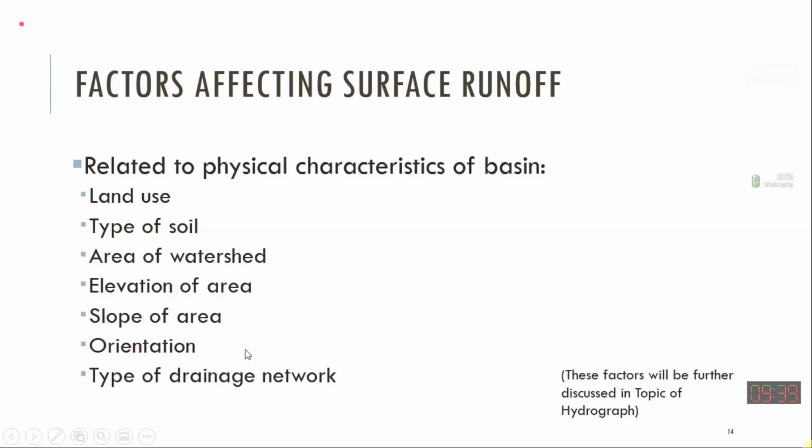Orientation of the basin, whether it is very wide or very narrow. That is the shape of the basin, let us say. Type of the drainage network: if we have the drainage network well developed in the basin, or drainage network is not developed.